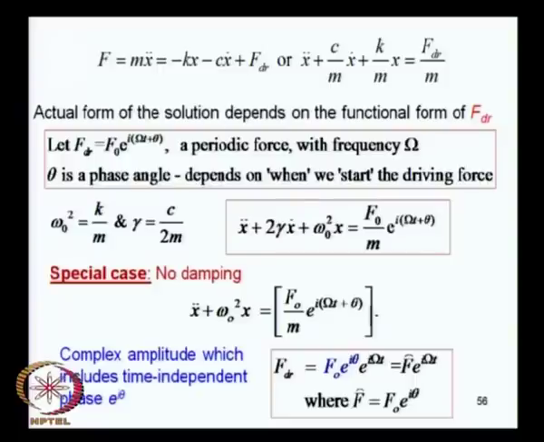Notice that in this term, if e to the i omega t represents the periodicity, then the corresponding amplitude contains a phase factor, and along with this phase factor, the amplitude itself, which is f 0 e to the i theta, becomes a complex number.